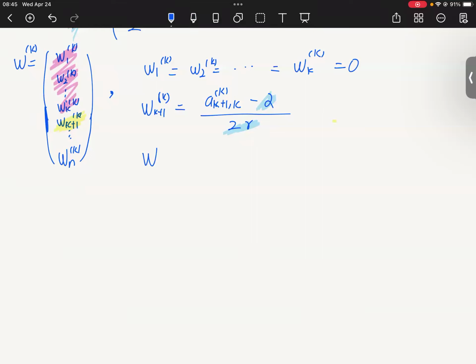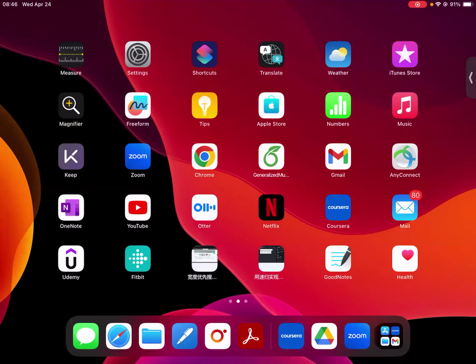For the things below the yellow part, we can have one very general formula for it. It's just the Wj and then Ajk divided by 2r. And this is for the K, that is for J equals K+2 to the M. So that is all the components below there.